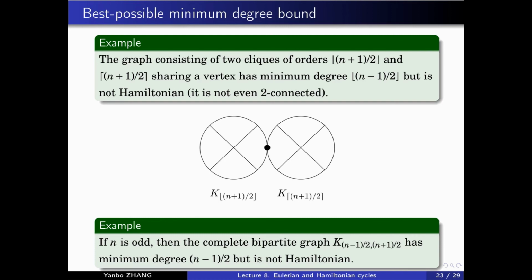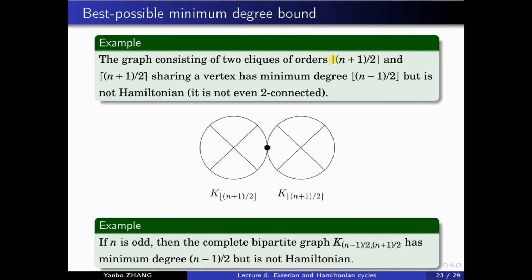The first example is the graph consisting of 2 cliques. One clique has order floor of (n plus 1) over 2, and the other clique has order ceiling of (n plus 1) over 2.